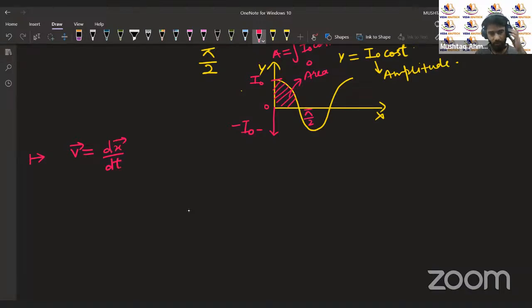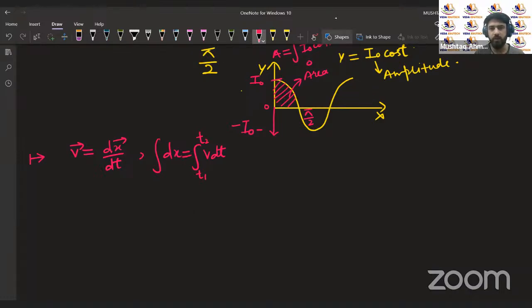That's dx upon dt. Now, if we integrate this velocity with respect to time within limits t1 to t2, what does this represent? The integral of v dt with respect to time?